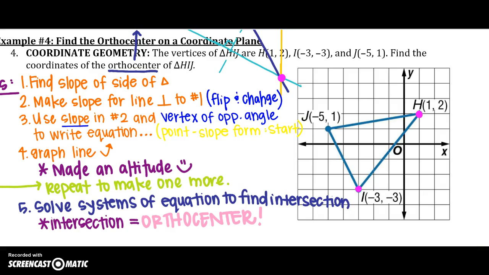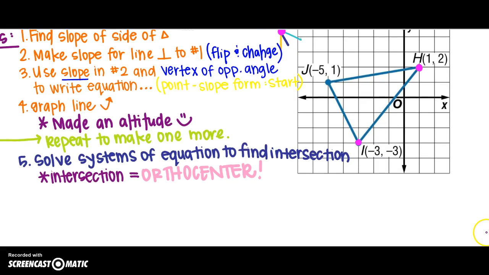And then we need to find the slope of HI. So we can say HI slope negative 3, negative 2 over negative 3, negative 1. My slope can be negative 5 over negative 4, which gives me a slope of 5/4.